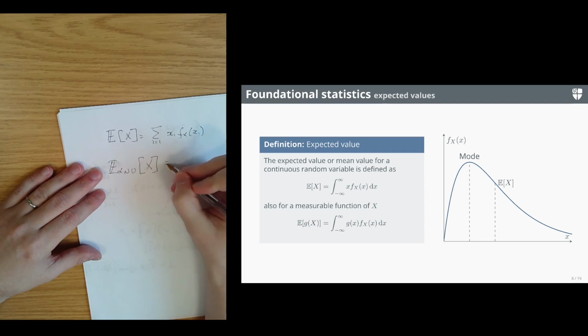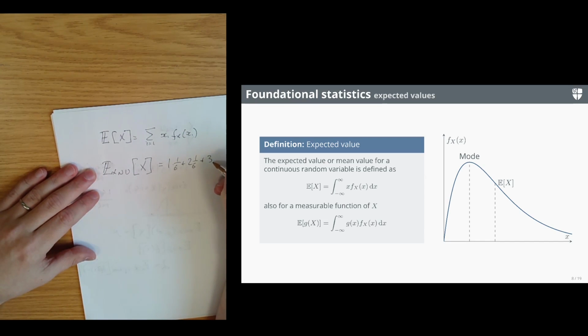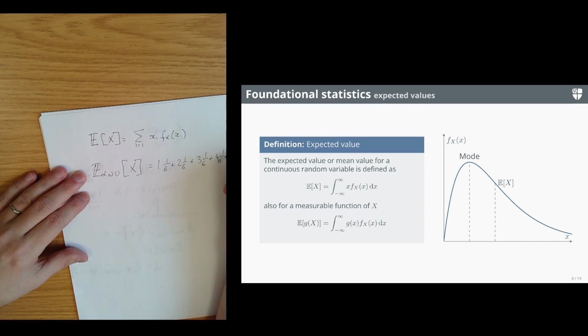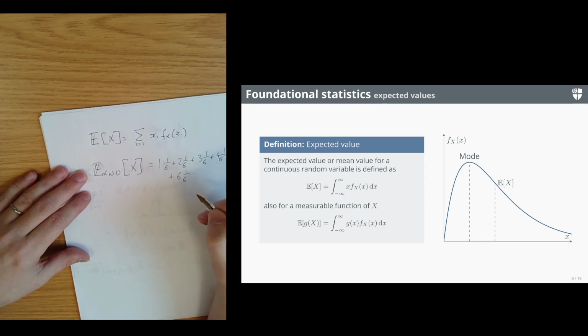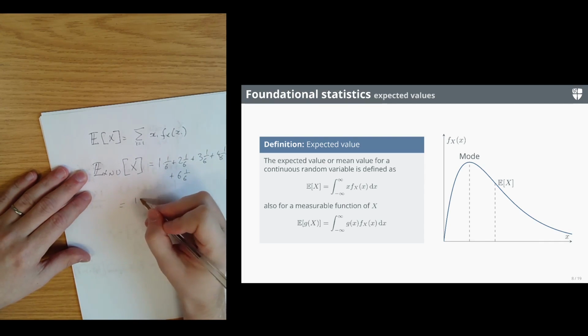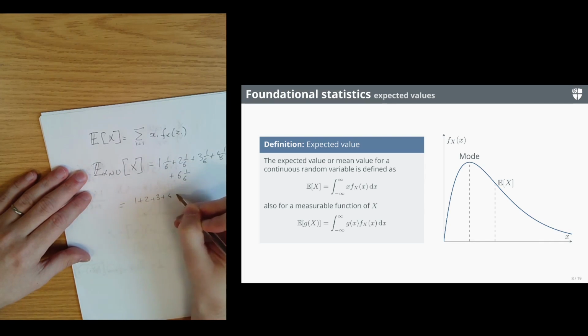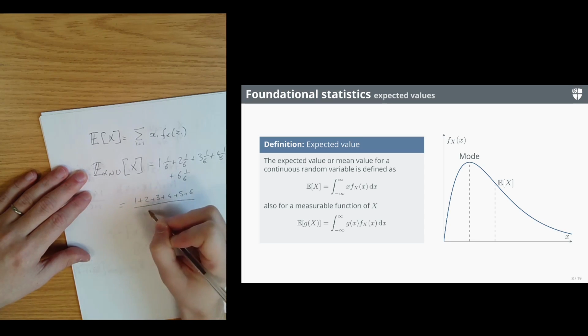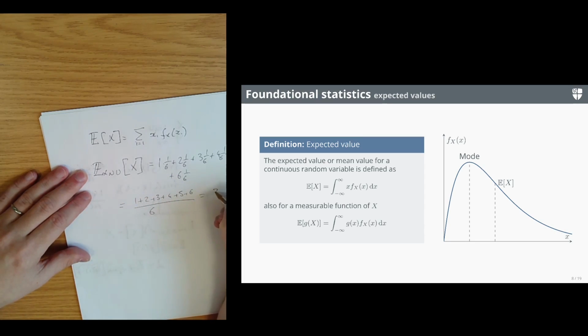Okay, so this is just going to be equal to 1 times a 6th plus 2 times a 6th, plus 3 times a 6th, plus 4 times a 6th, plus 5 times a 6th, plus 6 times a 6th, which is equal to just 1 plus 2 plus 3 plus 4 plus 5 plus 6, all over 6, which is actually equal to 3.5.